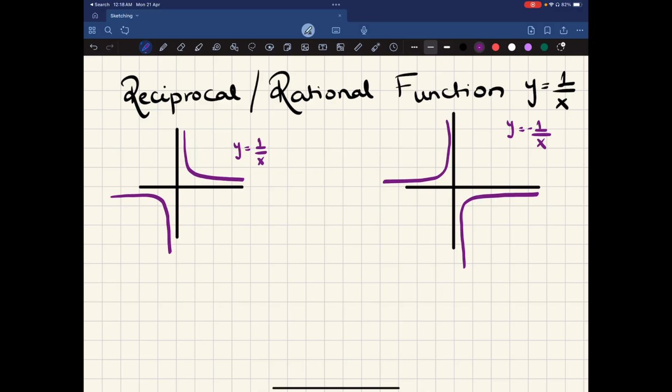So these are the 2 possible scenarios. We're going to explore cases where we add a constant to this reciprocal function, and then our graph shifts up or down depending on the constant. But this is the basic shape.